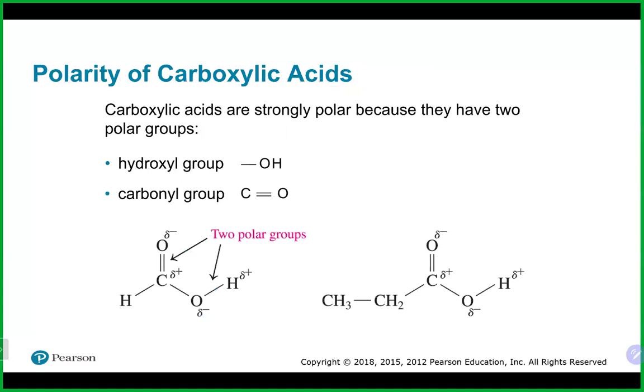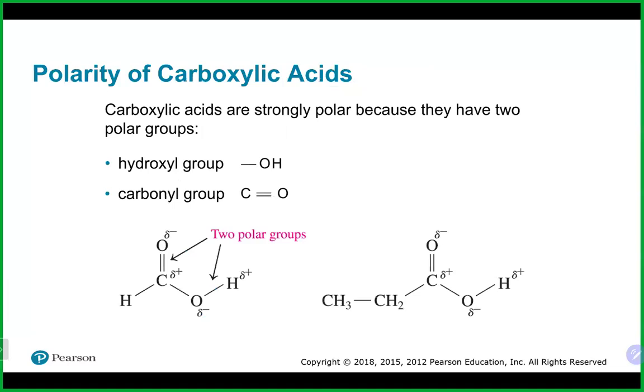And as I mentioned before, they are really polar because they have two very polar groups. They have, again, that carbon-oxygen double bond, which is polar. They have that OH bond, which is also very polar. So they're able to pretty much bond very strongly to each other.